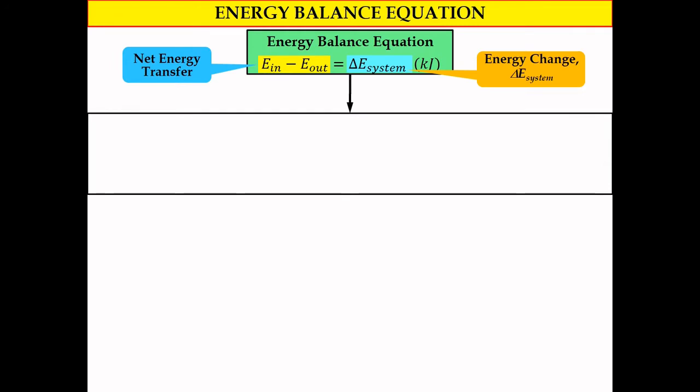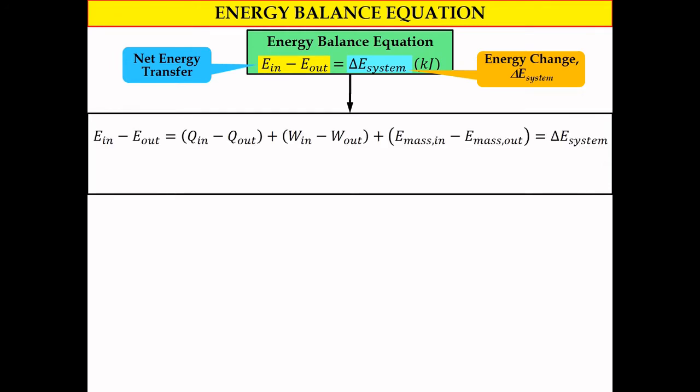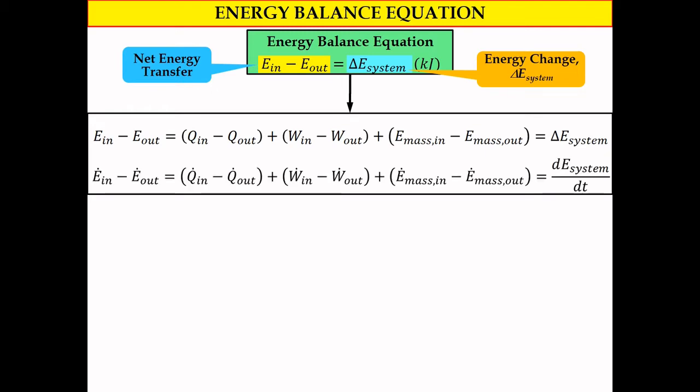If we elaborate this equation, E in minus E out equals Q in minus Q out plus W in minus W out plus E mass in minus E mass out, equal to delta E system. In terms of rate, we have E in dot minus E out dot equal to Q in dot minus Q out dot plus W in dot minus W out dot plus E mass in dot minus E mass out dot, equal to dE system over dt.